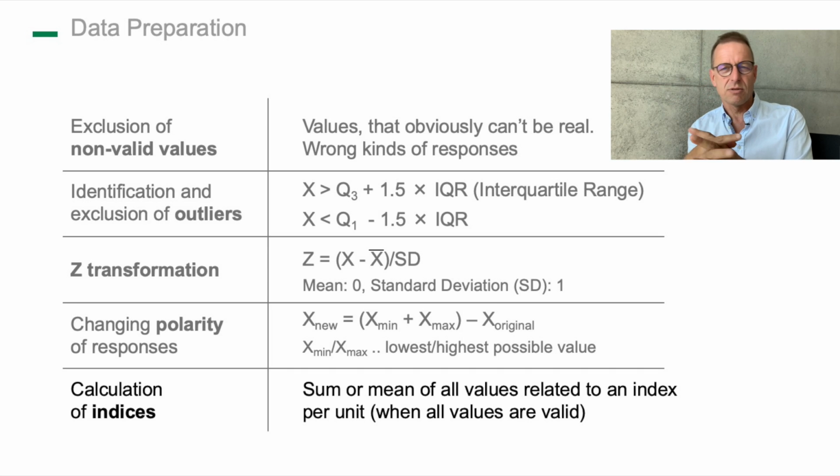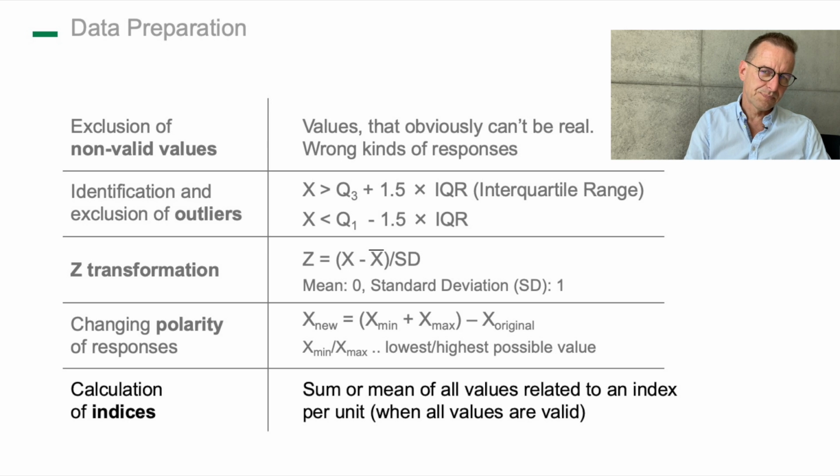This is also something that you very often do when you prepare your data for analysis. You sum up the values of different variables and have an overall value that in the end you use for your final analysis.